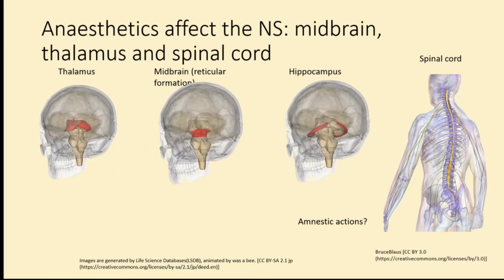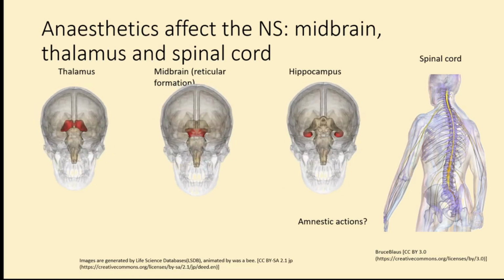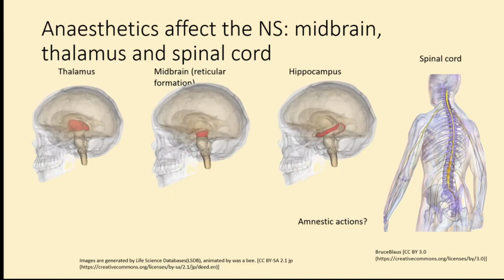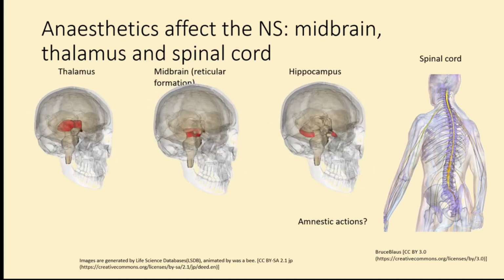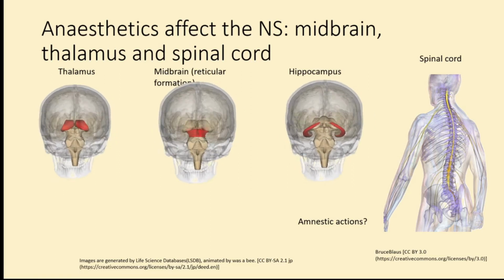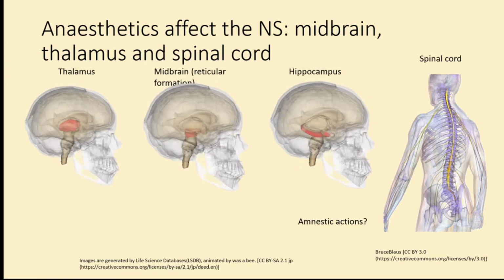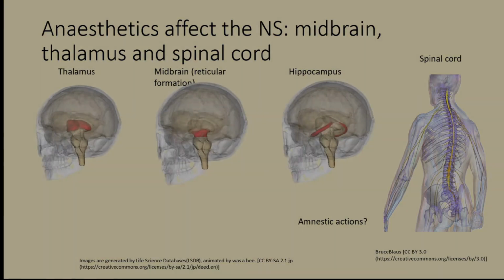The thalamus is the main gateway between the lower parts of the nervous system and the cortex, and the midbrain controls a lot of the most basic functions, including consciousness, and the hippocampus controls memory and learning, and the spinal cord is, of course, motor output.